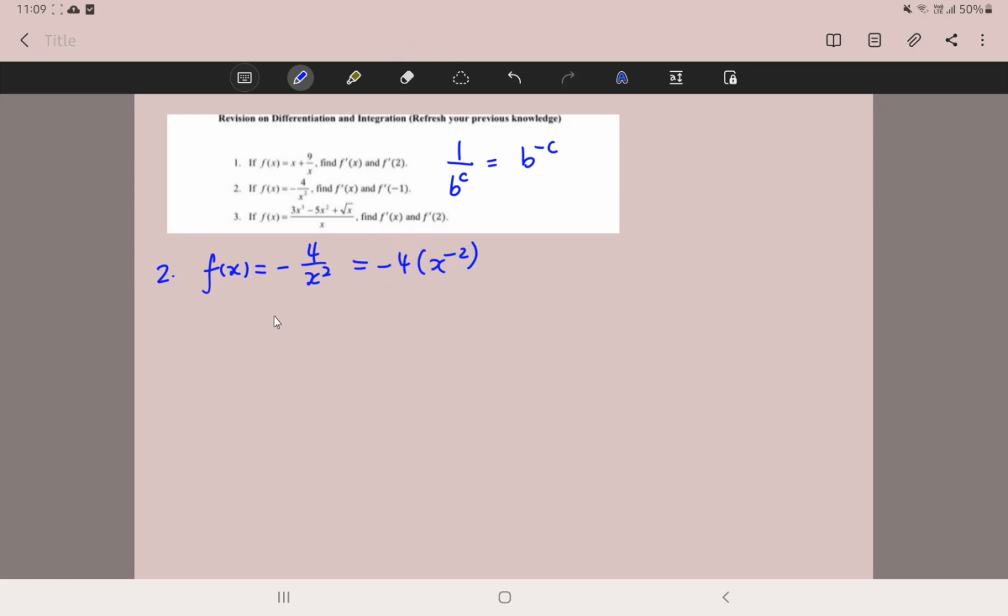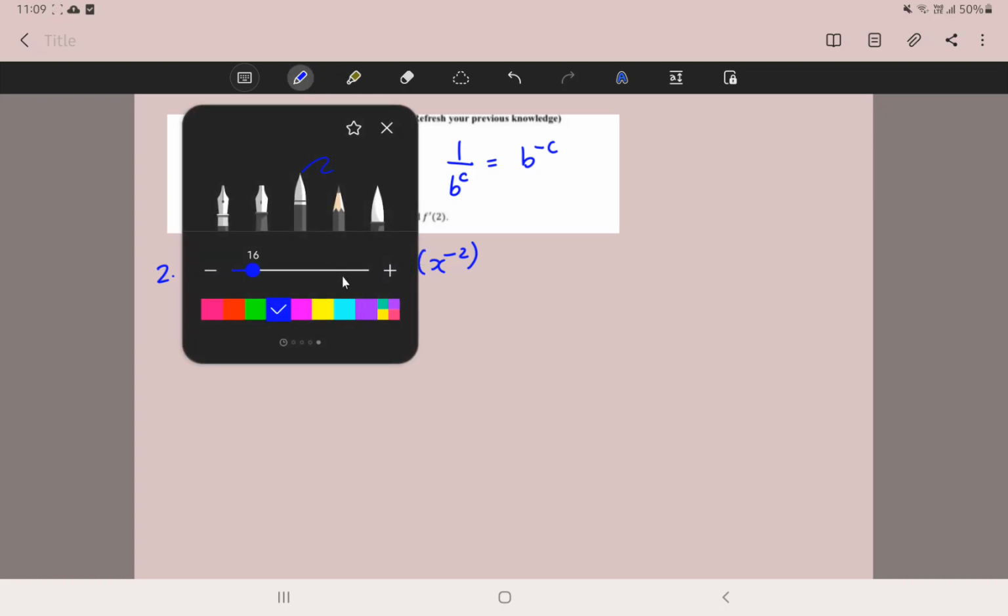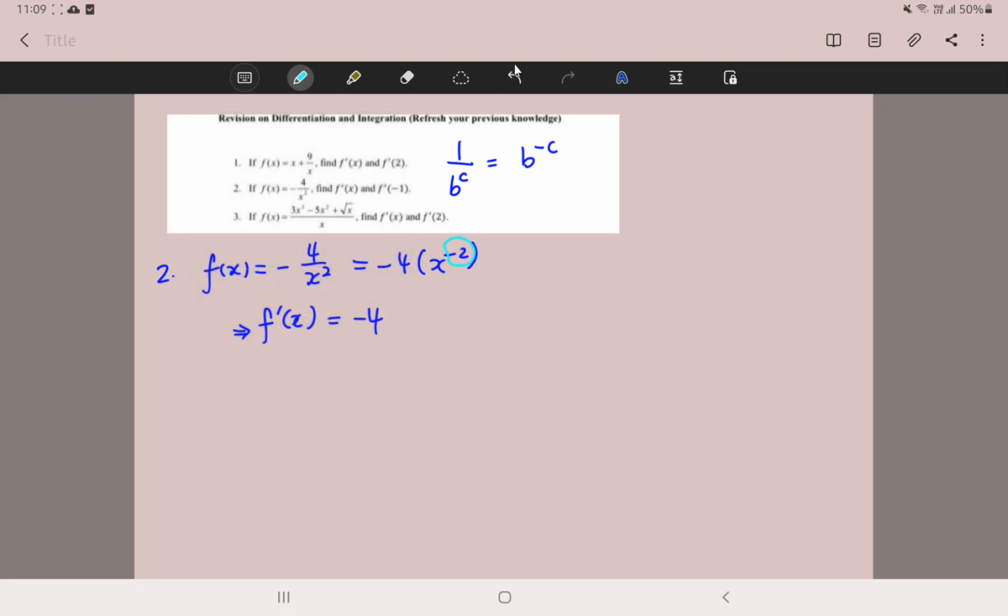Let's take the first derivative. This is minus 4, and you need to remember that the power you need to bring in front and multiply with minus 4. So it's minus 2, bring in front, times minus 4.